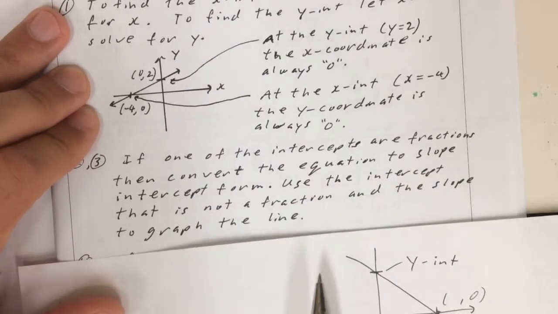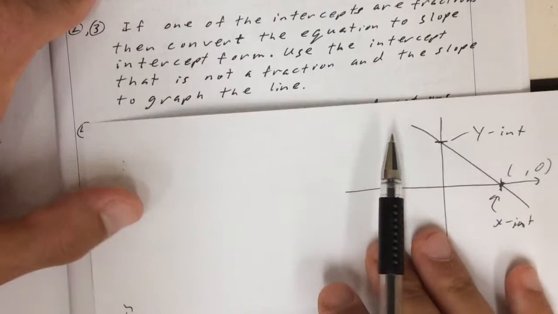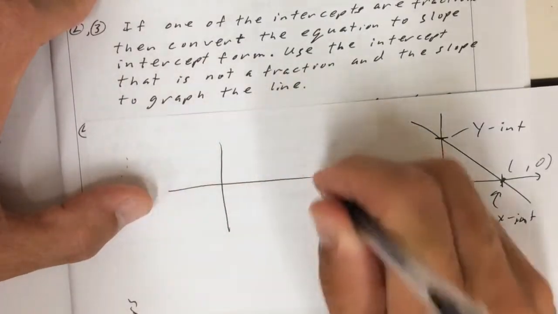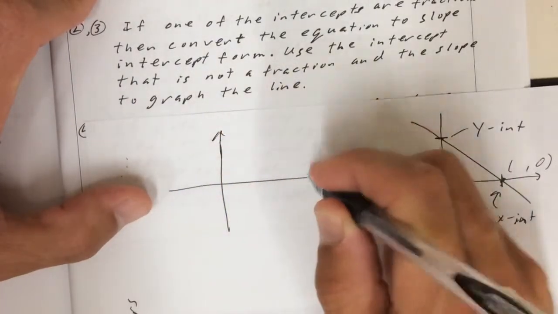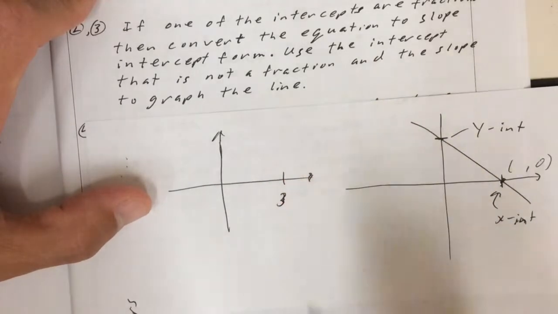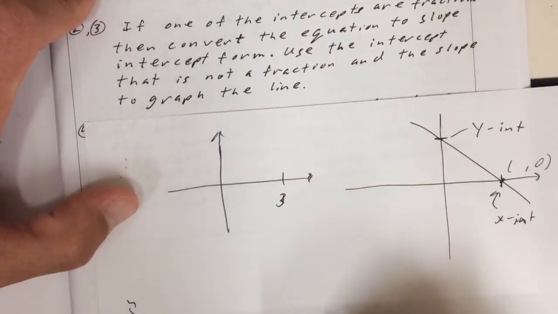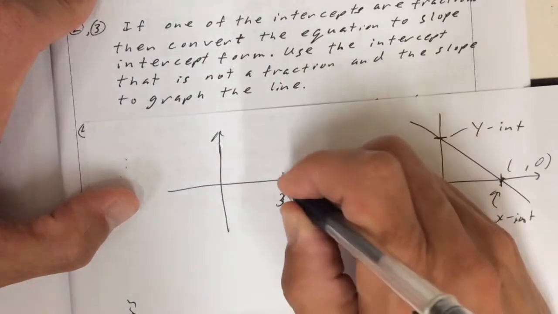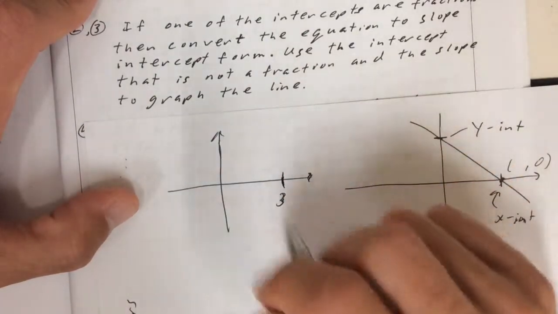Say you've got an x-intercept of 3 and a y-intercept of something like 7/9, or 9/7. It's hard to plot. You can get it approximately, but not exactly.